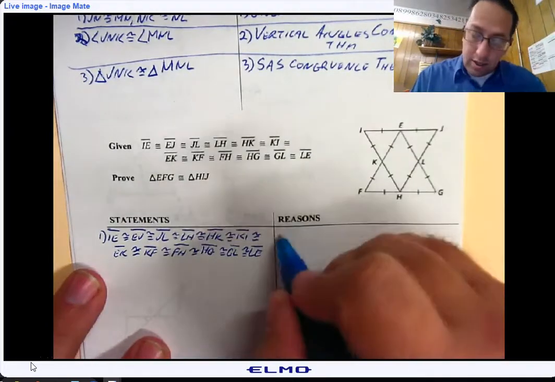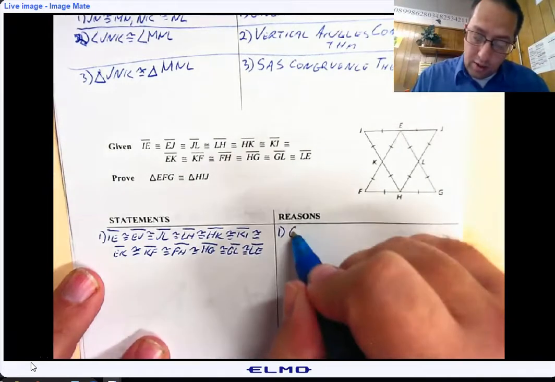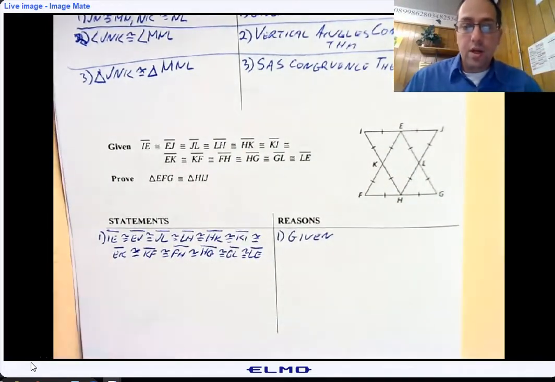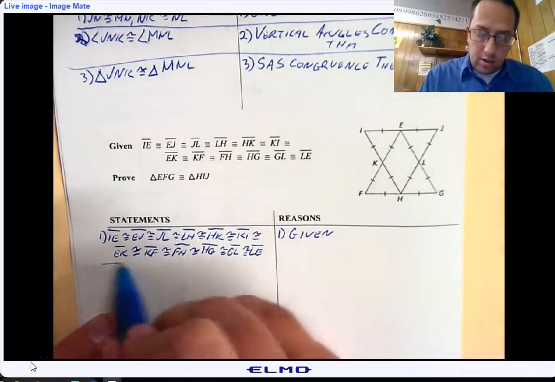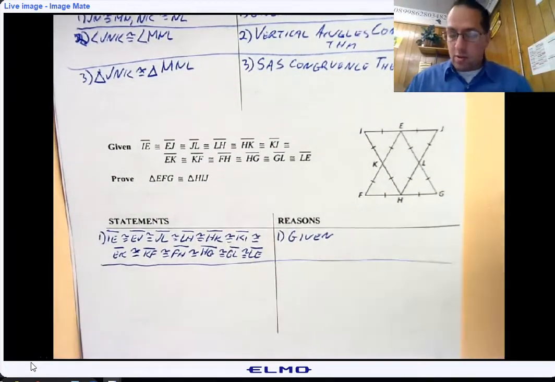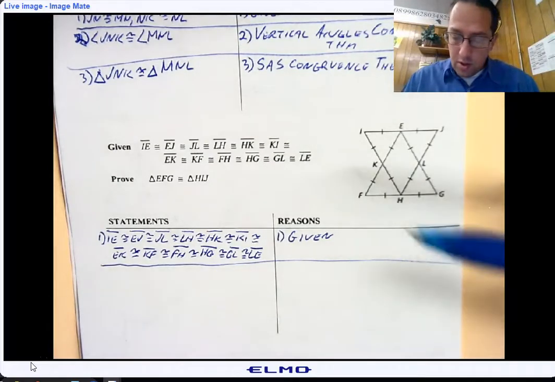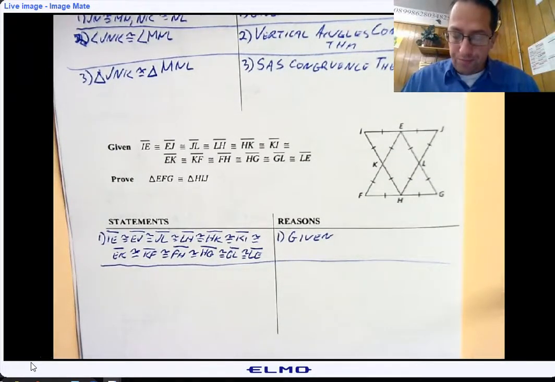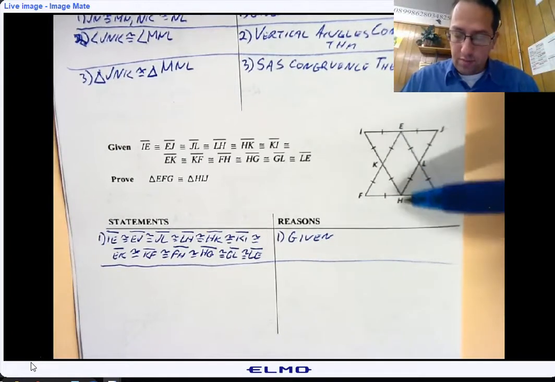That's a lot of stuff congruent to each other. And we know all this because we were given this information. Given. Let's draw a line under it. So now, we have this great big triangle there, and we have this big triangle here.